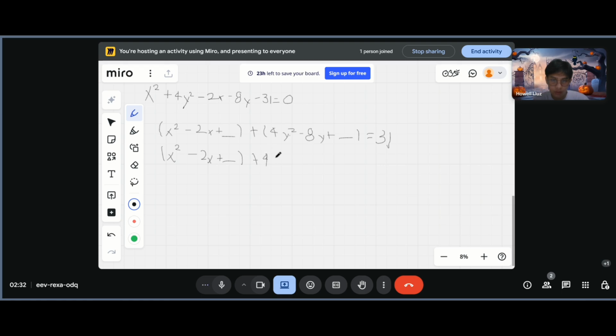Since we're going to simplify the trinomial equation, to get the simplest form we divide the middle part by 2.